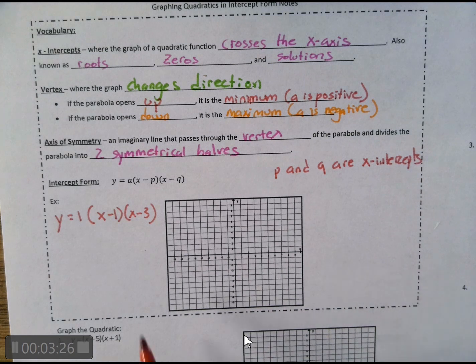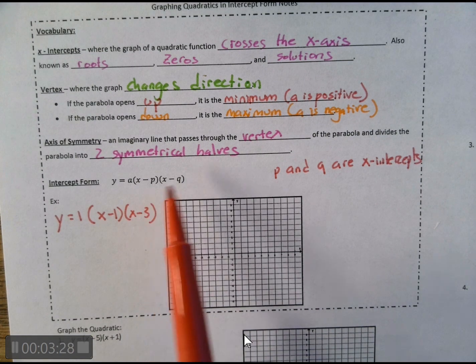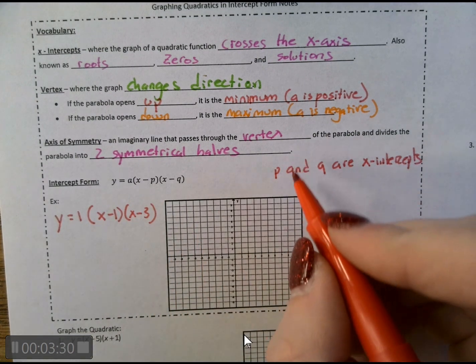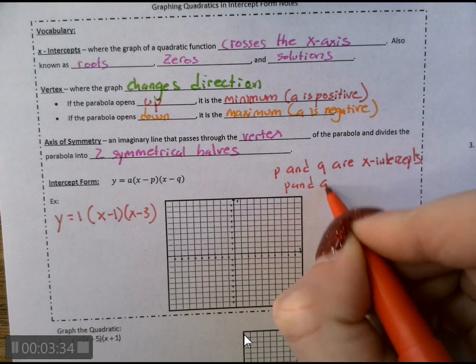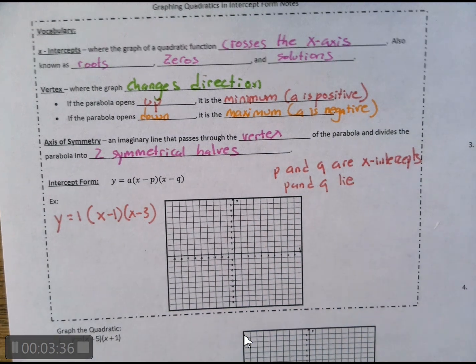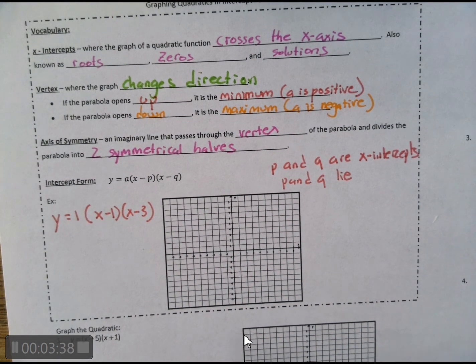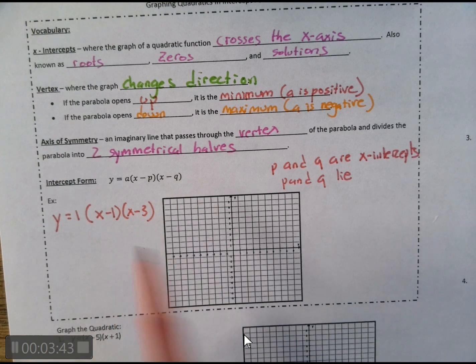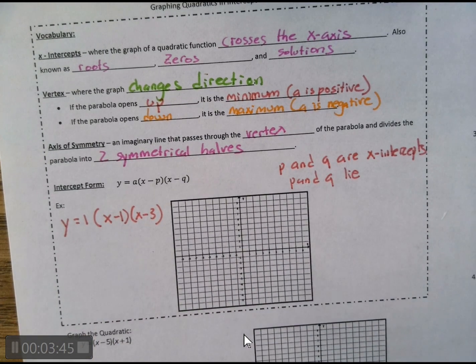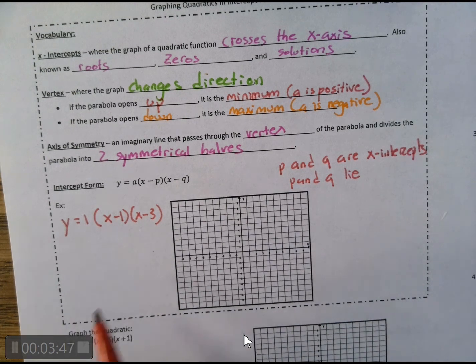But if you notice, in our equation, it's a negative p and a negative q. So in our equation, p and q flip. So if I have x minus 1 and x minus 3, what we're going to need to do is set them equal to 0.